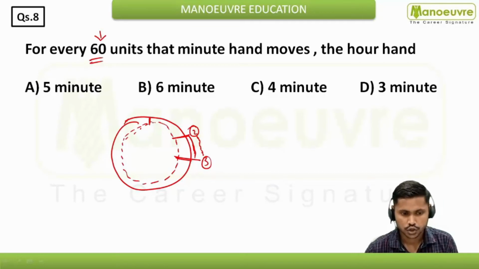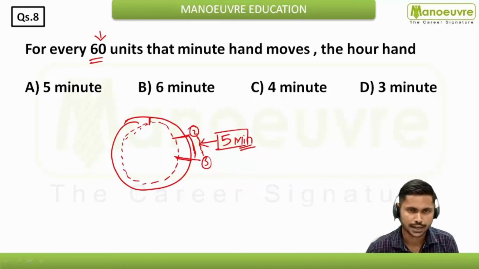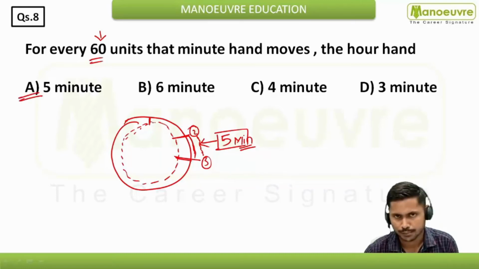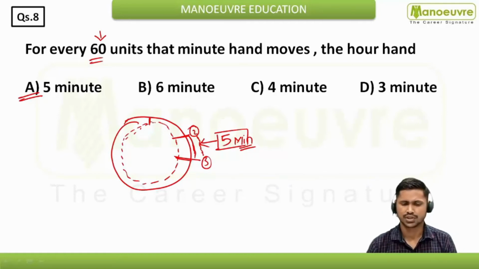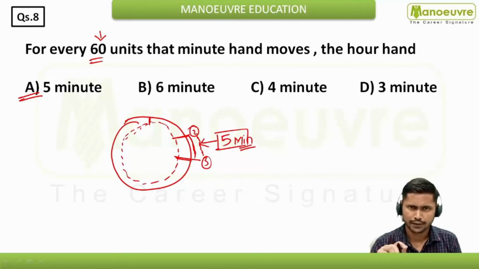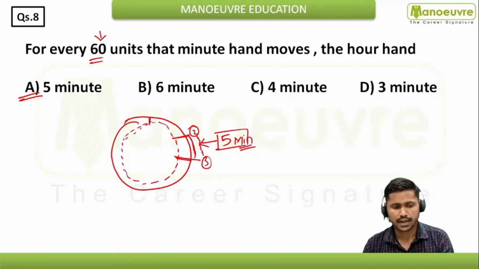So here it is revolving only 5 minutes with respect to the minute hand. So you will mark your option as 5 minutes. This is how you can do this question: the hour hand will move only 5 minutes. Let's move ahead for the next one.